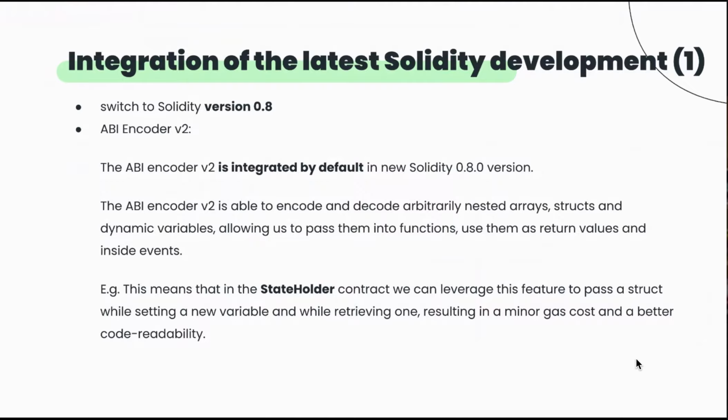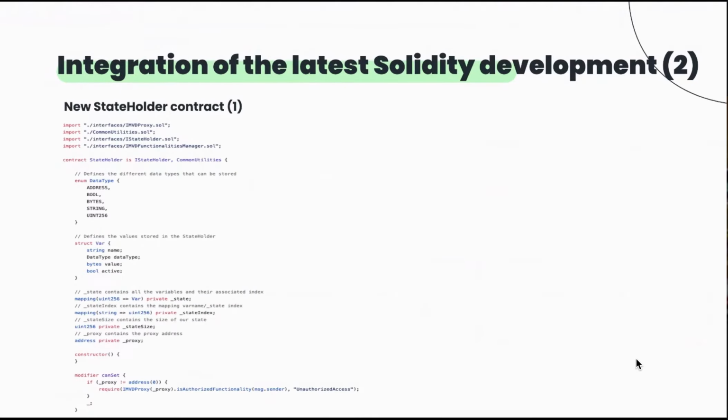This means that, for example, in the StateHolder contract, we can pass a struct while setting a new variable or while retrieving one. And this means that we will have a minor gas cost and better code readability. An example is here in the new version of the StateHolder contract.